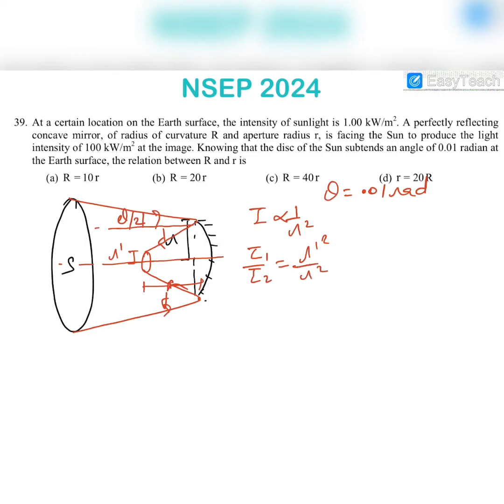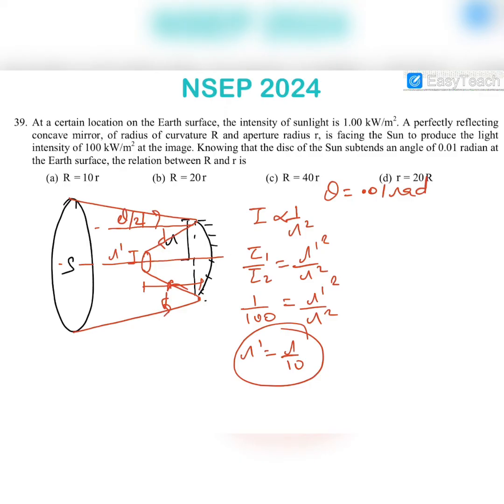What is this? This is the intensity of sunlight at the concave mirror and the intensity of sunlight at this image. So at the concave mirror it is 1 and at the image it is 100, so r dash upon r square. So r dash is equal to r by 10. First of all, this is the relation.